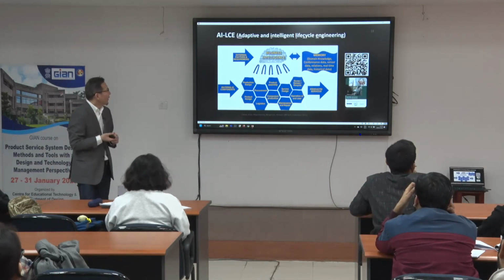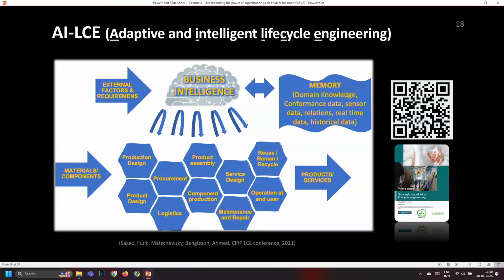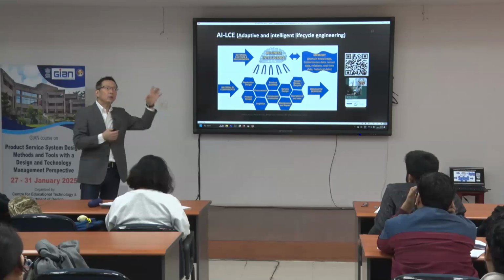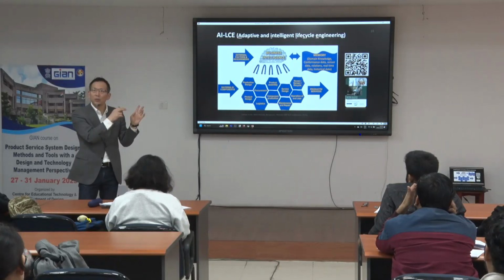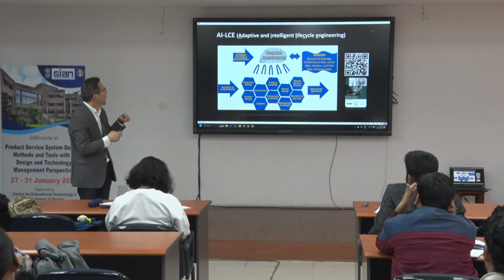Next one. One of the innovation projects that we have been running is about how to use artificial intelligence in the context of lifecycle engineering. You can recall the pyramid slide, which I showed in this lecture.